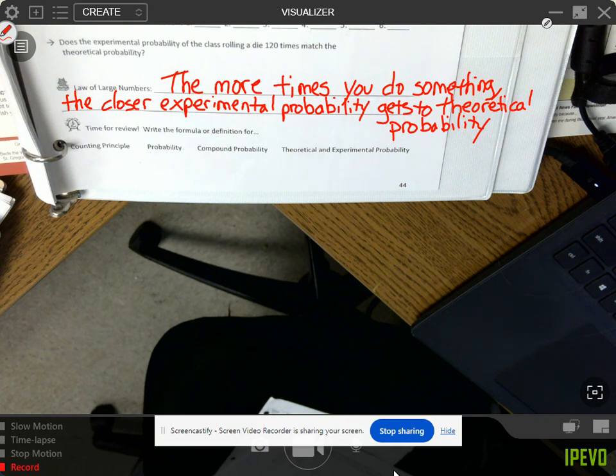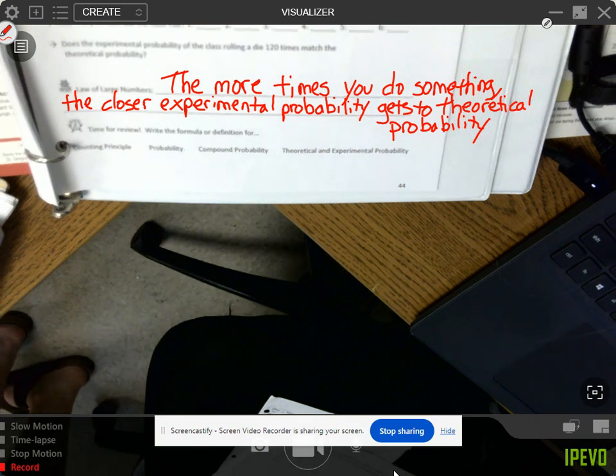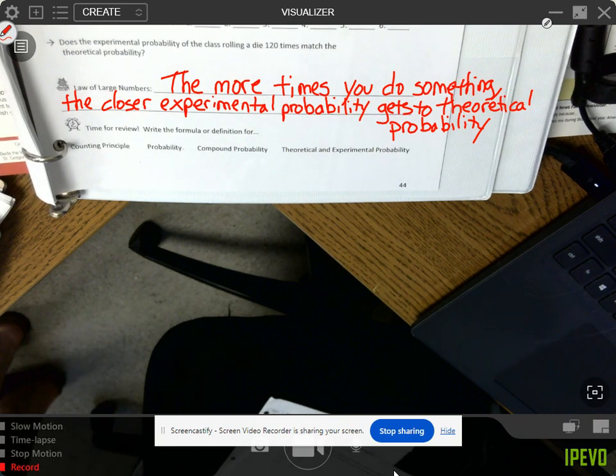Like I said, there were some people that got lucky, and their probability individually was the same as the theoretical probability. The majority of us, that was not the case. We're not always that lucky to flip 5 heads and 5 tails, right? That's not the normal thing that happens. It's not the typical thing.